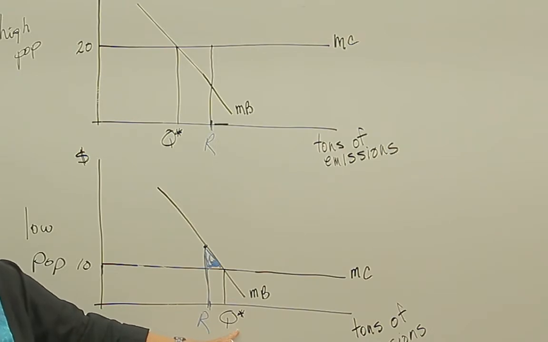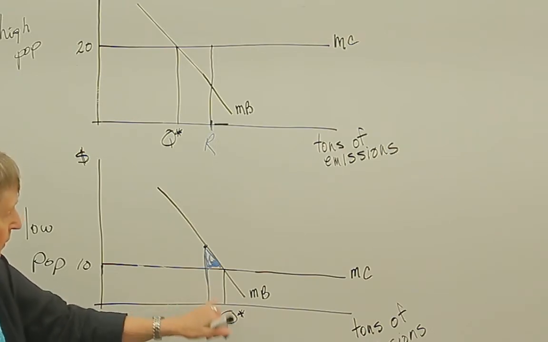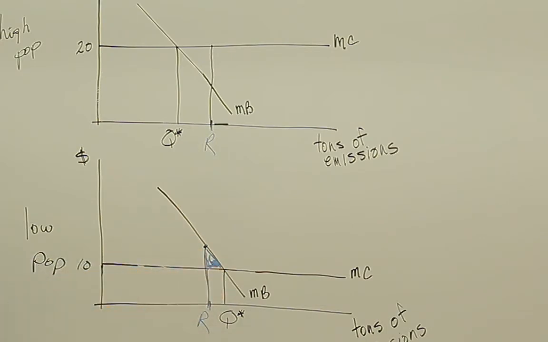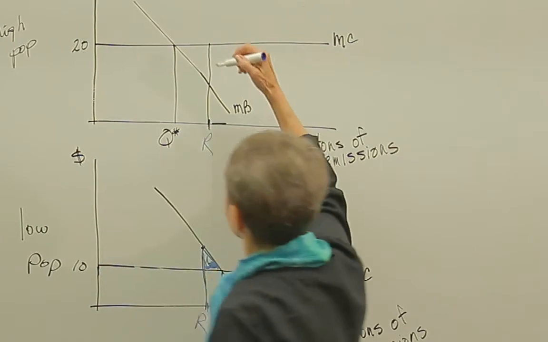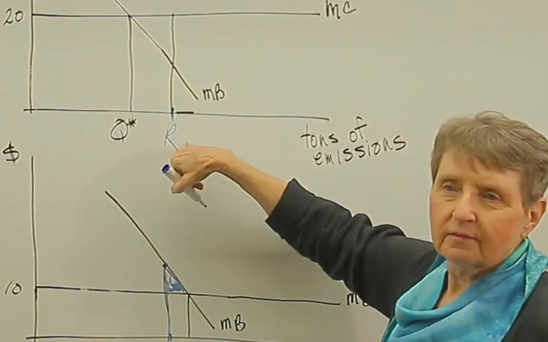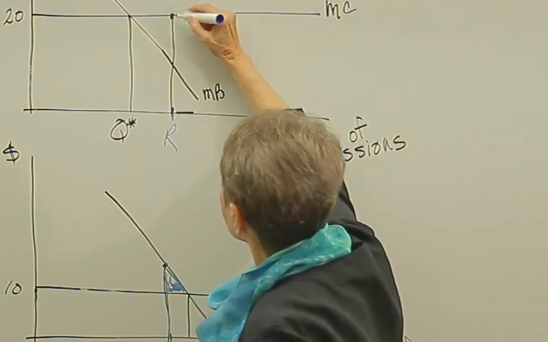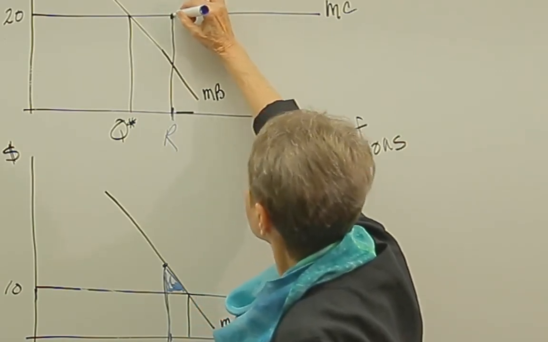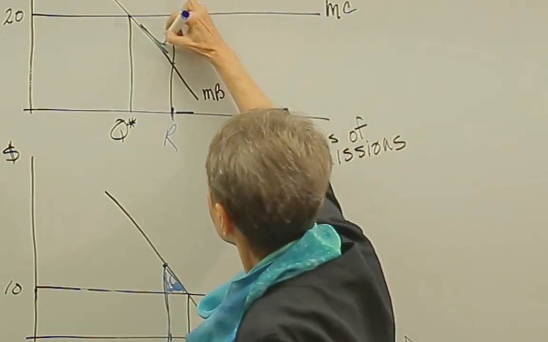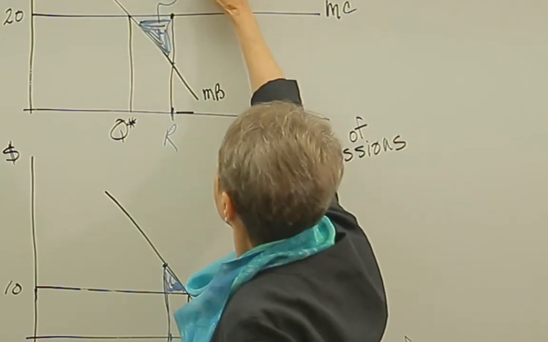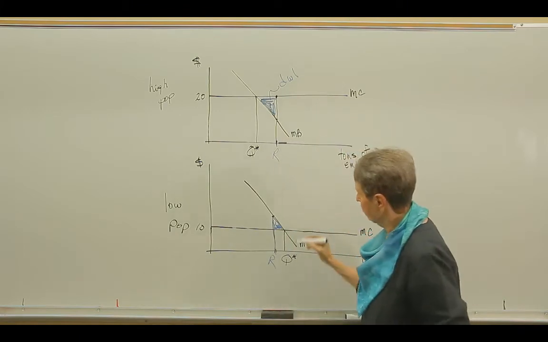We said last time 0 is not the optimal amount. We're going to have to cut back, and we're cutting back to where benefits are still greater than costs. Up here, you're allowing this high-cost community to pollute this much to where costs are greater than benefits. So here's all the deadweight loss.